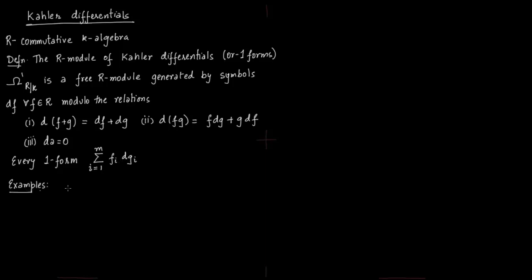So the first example is, we just talk over the entire K-algebra, the polynomial ring over K, very easy. So this is just a free module over K[x1, ..., xn] with basis dx1 all the way to dxn.